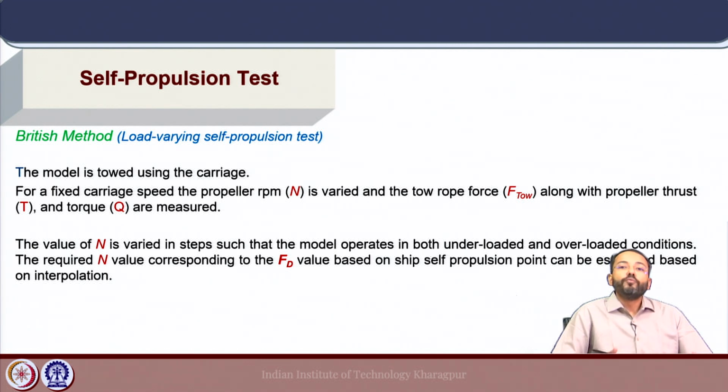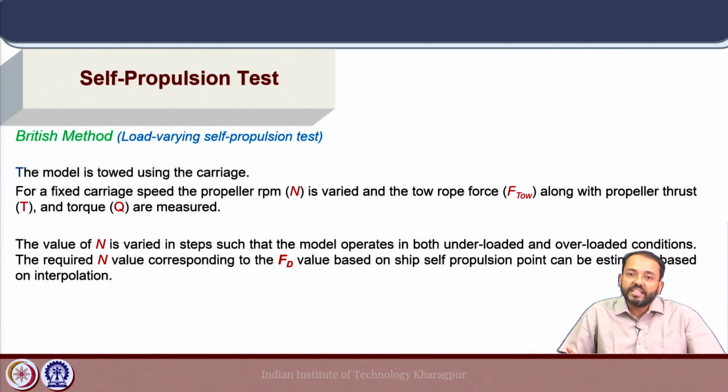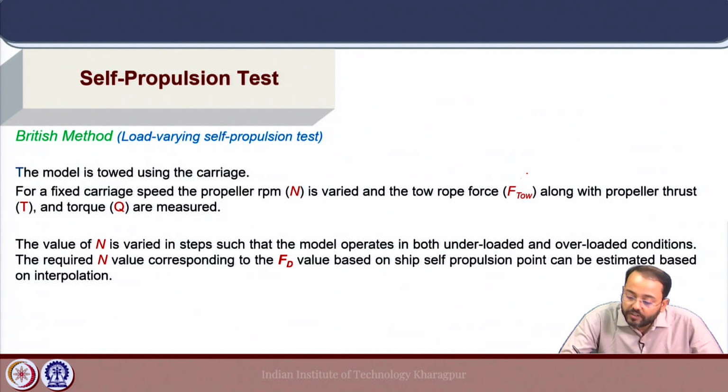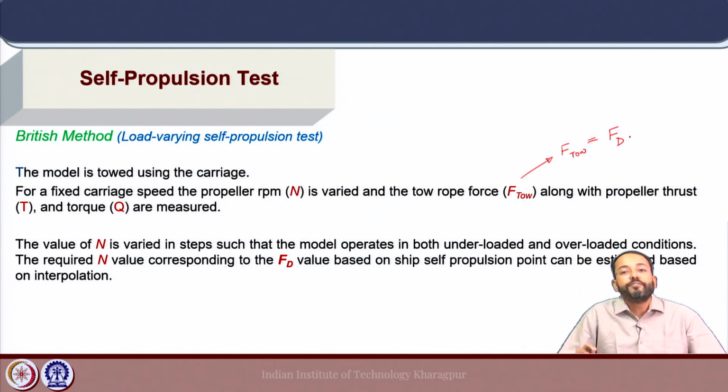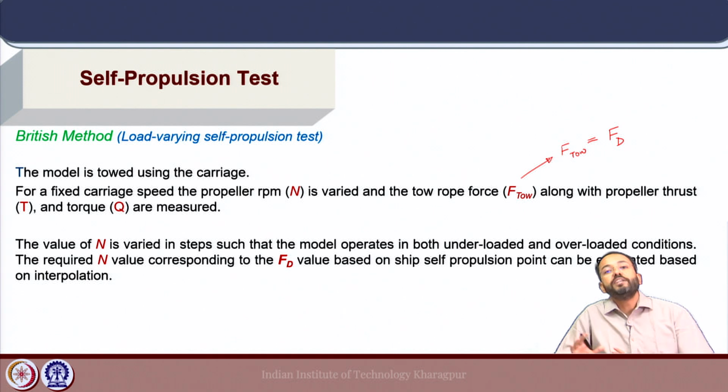That means we try to achieve the self propulsion point in the full scale at that condition where F tow, this force, will be equal to FD, which is the calculated skin friction correction force corresponding to the full scale ship self propulsion point.